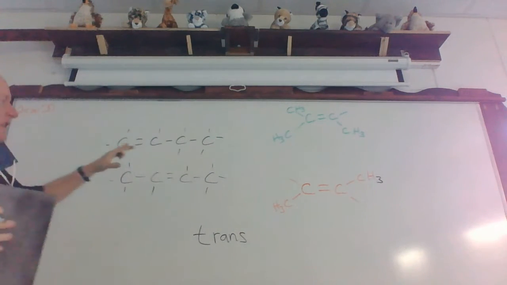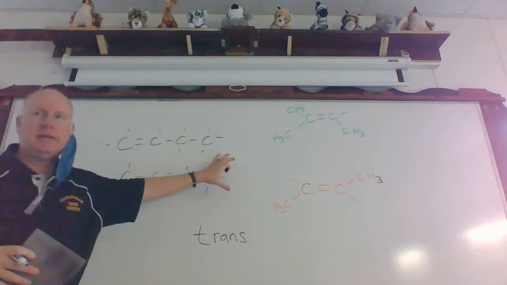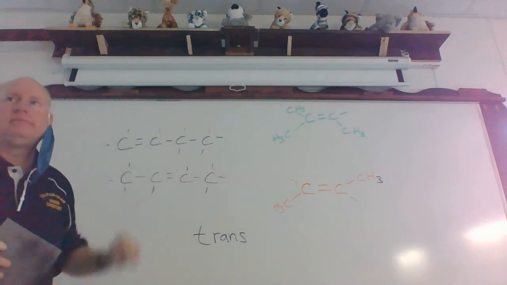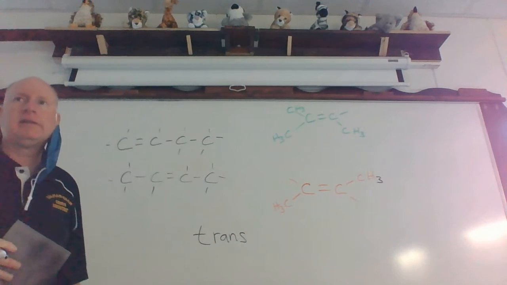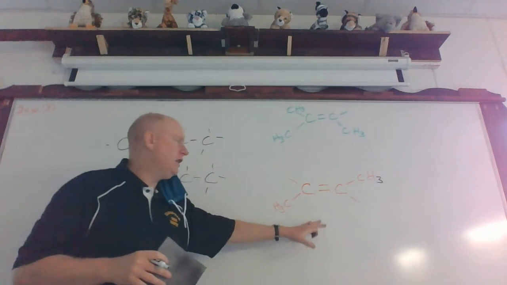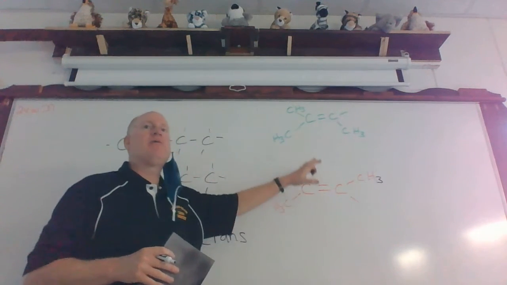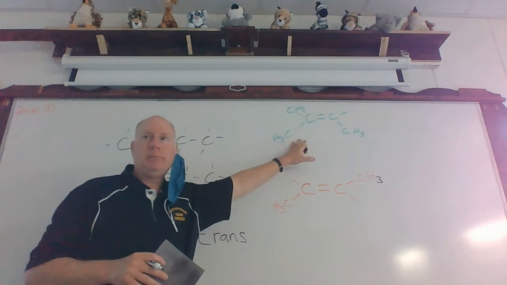My point is, it's not a linear straight chain like this one is. Yes. Yep. For this one, yes. That's why we said we're going to leave this one for last, because this one's the most difficult one.